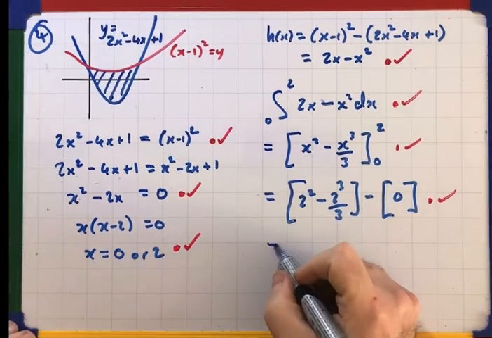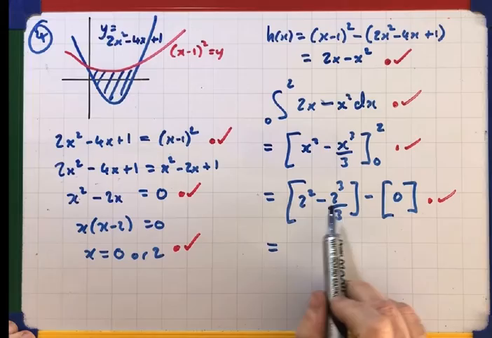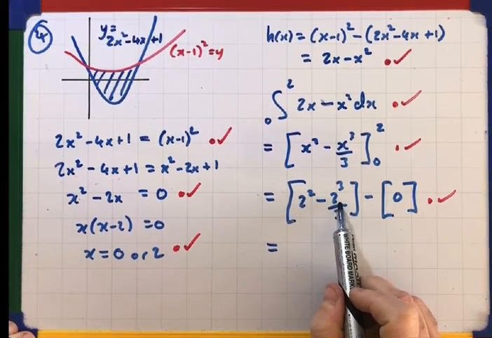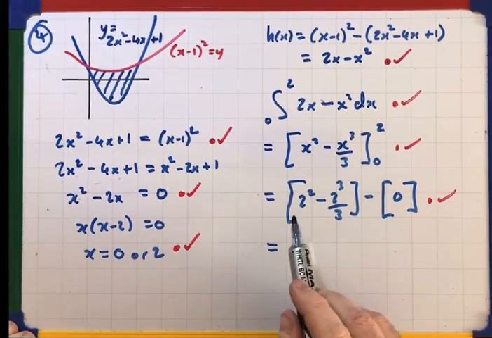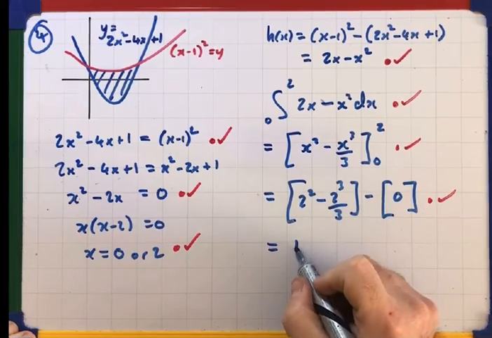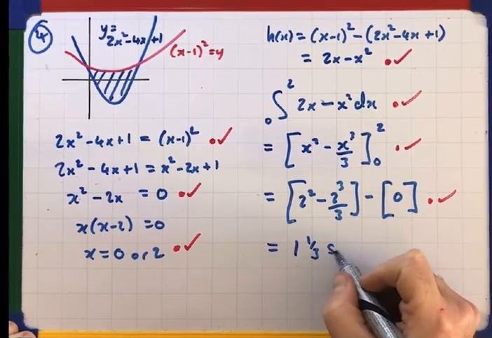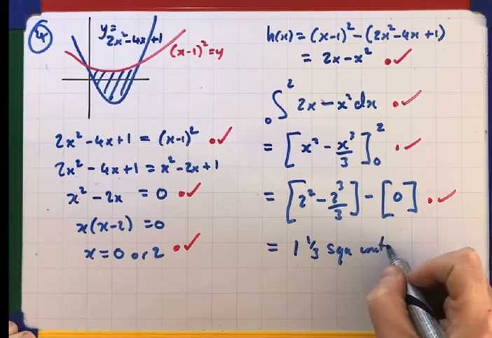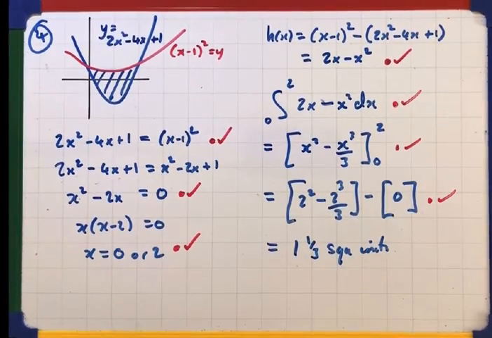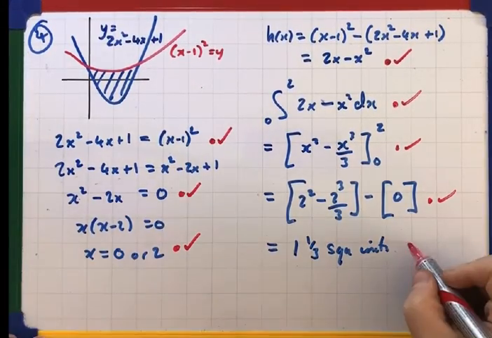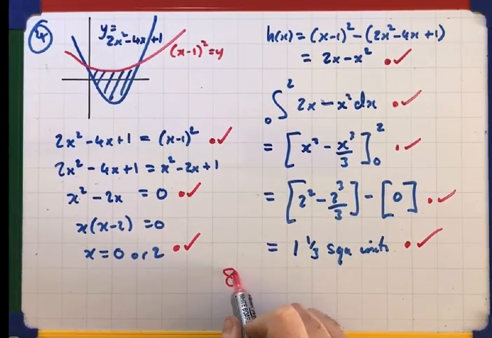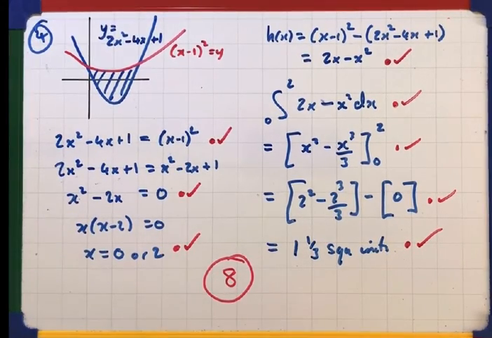And finally, that's 4, take away 8 over 3. 8 over 3 is 2 2/3. 4 take away 2 2/3 is 1 1/3 square units. Don't need to worry about that because that's 0. And I gave you 1 mark for the final answer, giving you a grand total of 8 for that question.